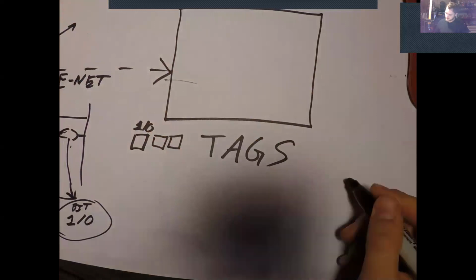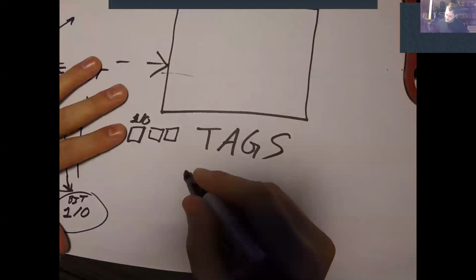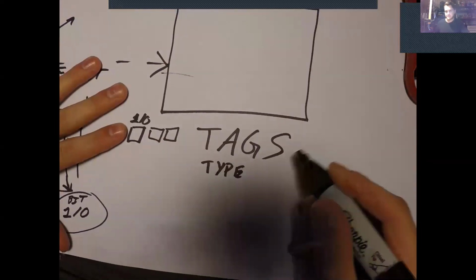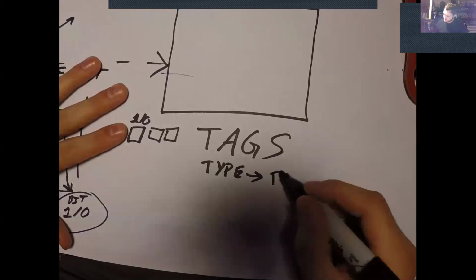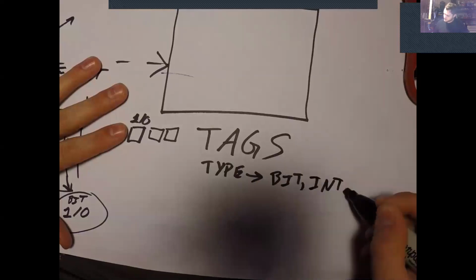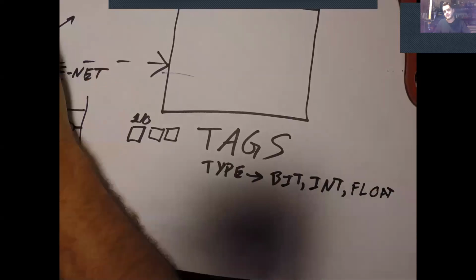In these tags, basically most of the information you're going to need is the type, okay? And that's memory type. And so that could be a bit, it could be an integer, it could be a float, or any of the other data types we have, right?